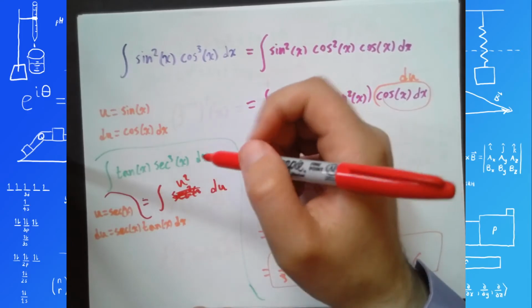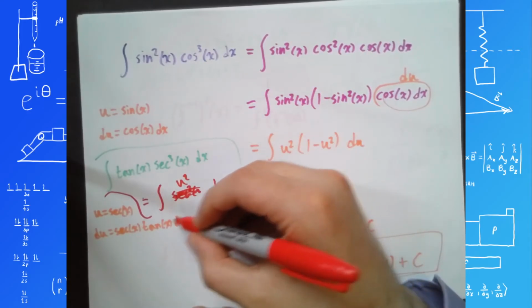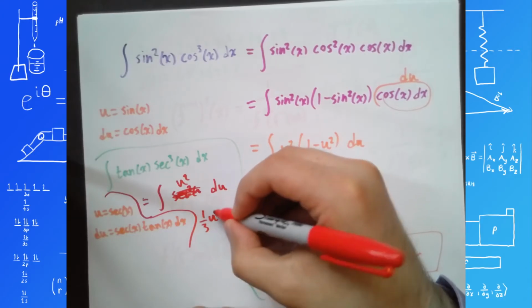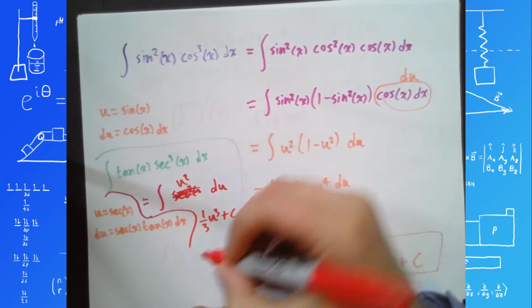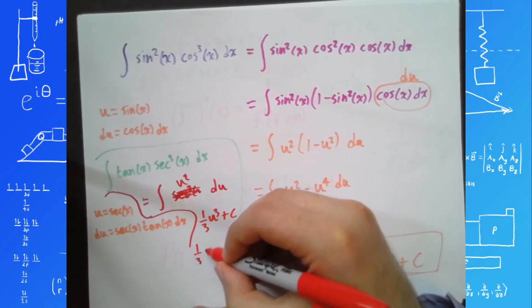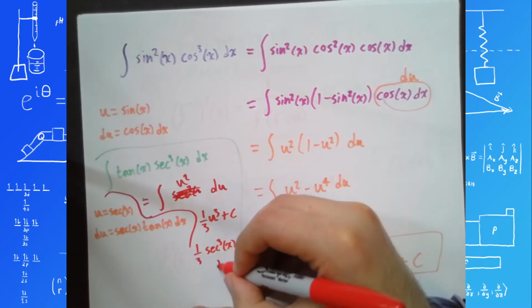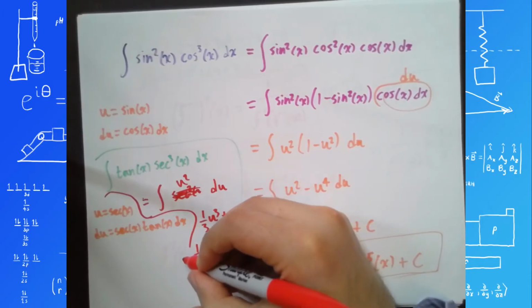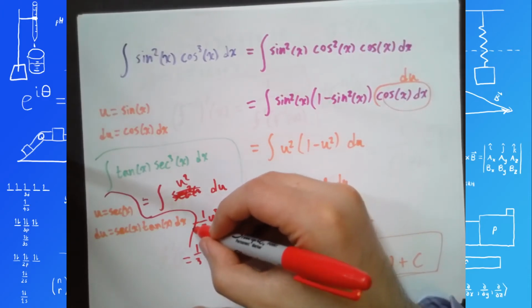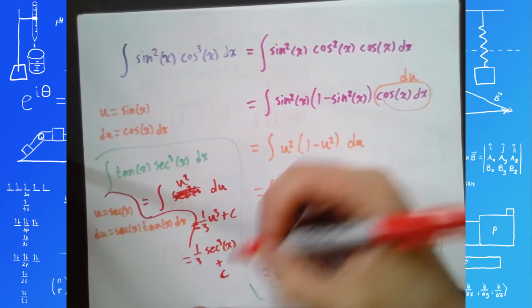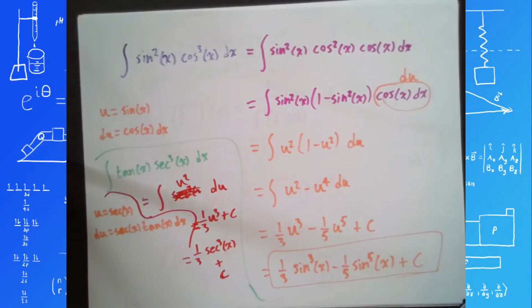And then the integral of u squared is 1/3 u cubed, and then from there it's not too hard to figure out. 1/3 u cubed plus c, which is 1/3 secant cubed of x plus a constant. And I guess I forgot my equals signs there and there. All right, looking good.